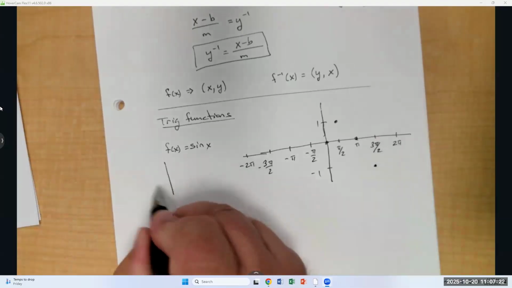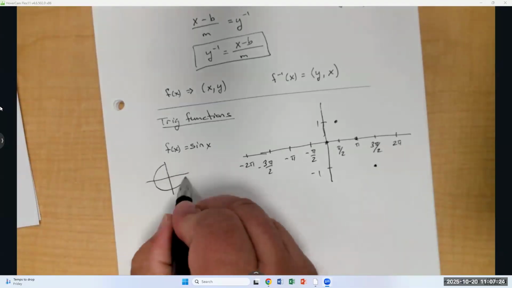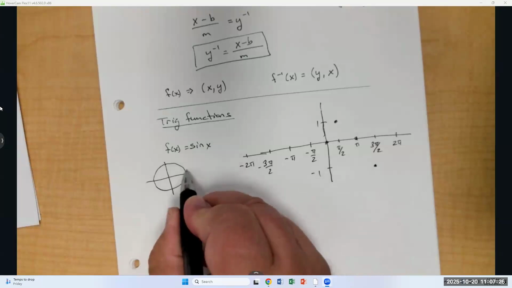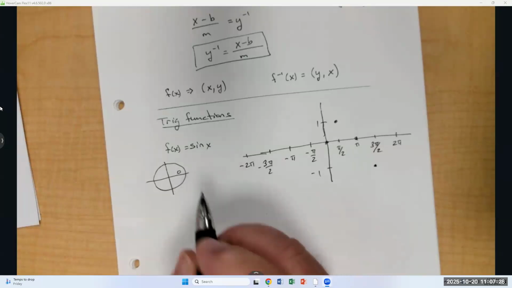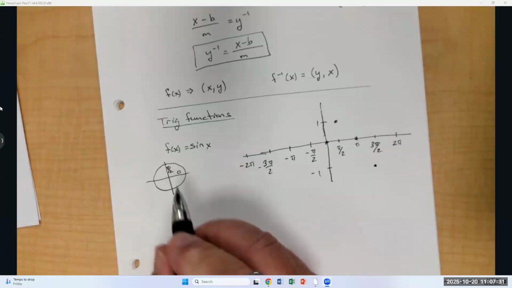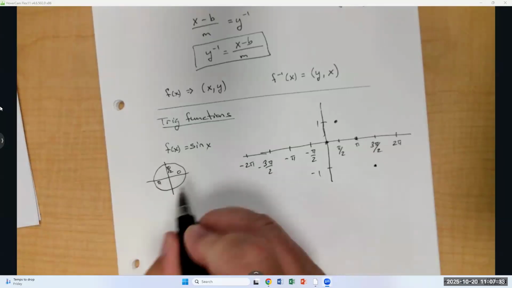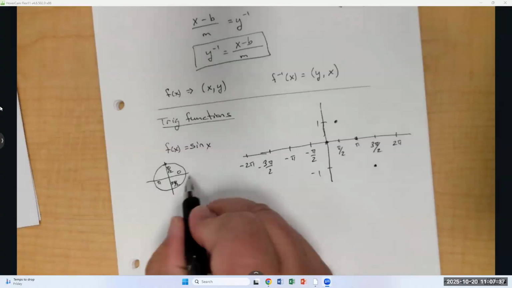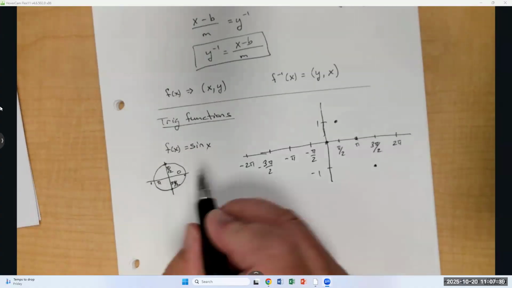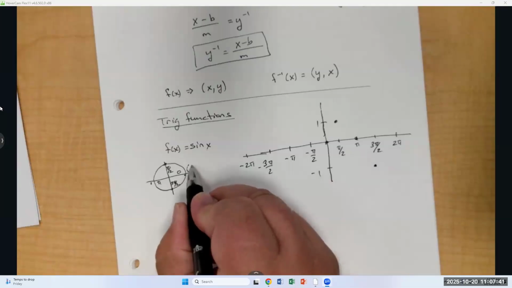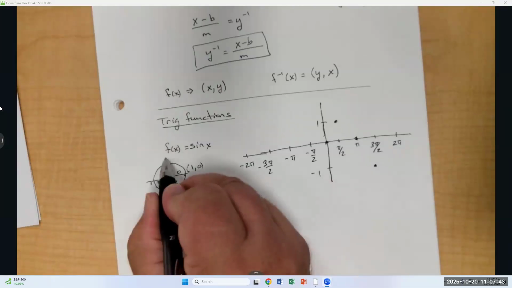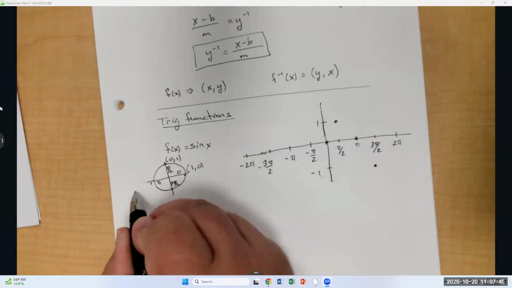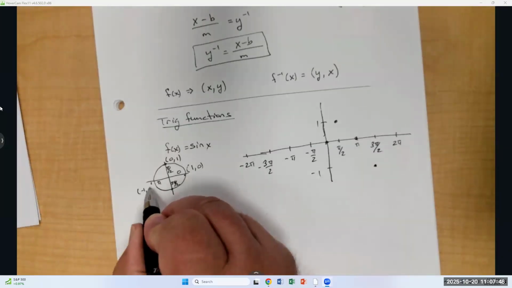Just remember, if we look at this thing, 0 is over here. Pi over 2 is here. Pi is there. 3 pi over 2. And remember, the sine values deal with the y values.